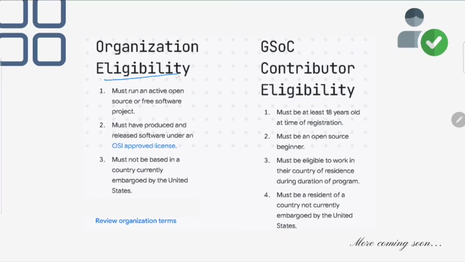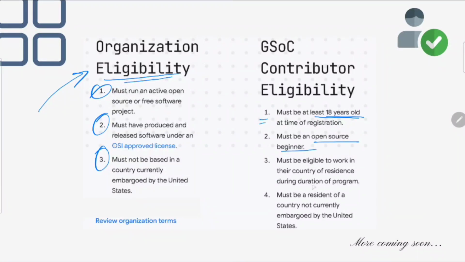So organization eligibility, that if you want to read, you can read by yourself. There are 3 points. I would be discussing GSoC contributor eligibility. So the first eligibility is you should be at least 18 years old or older at the time of registration. Second is you must be a beginner in open source.